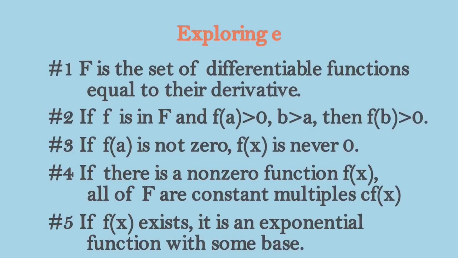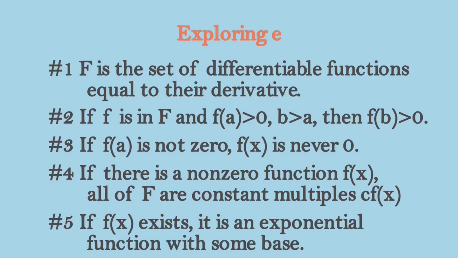In order to explore e and determine which functions are equal to their derivative, we'll first start by defining F to be the set of differentiable functions equal to their derivative. Then, if f is a function that matches those properties and it has a positive value, we'll show that all greater values will also be positive. Then, we'll show that if one of the values is non-zero, f of x will never be 0.